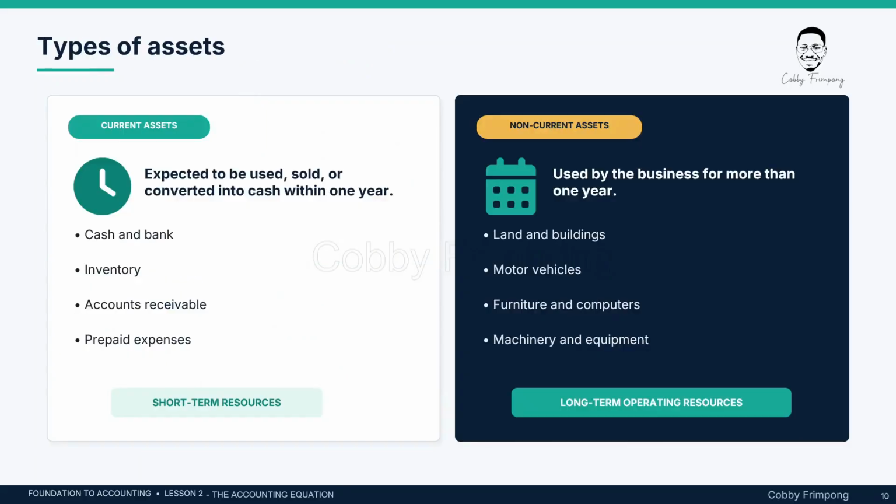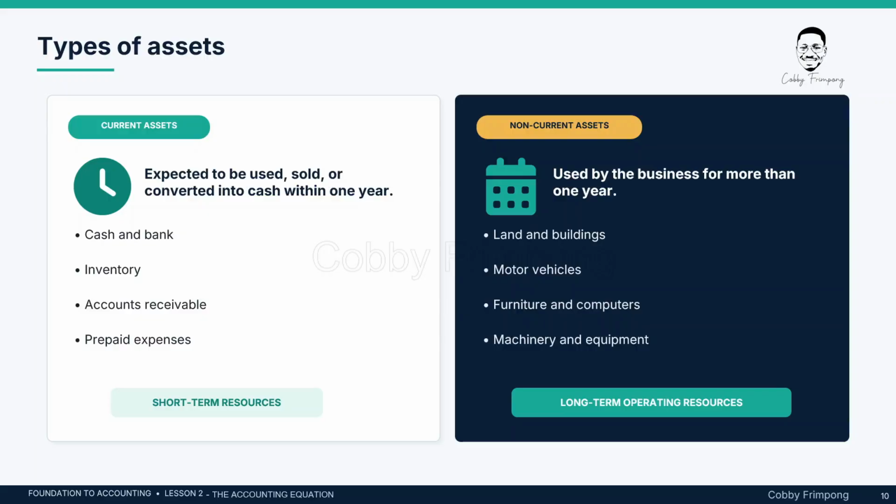Types of assets. Assets are grouped into current assets and non-current assets. Current assets are expected to be used, sold, or converted into cash within a short period, usually 1 year.